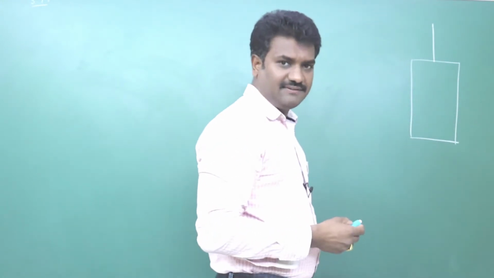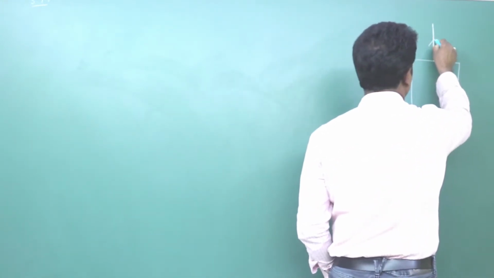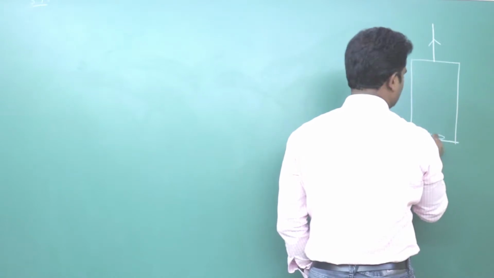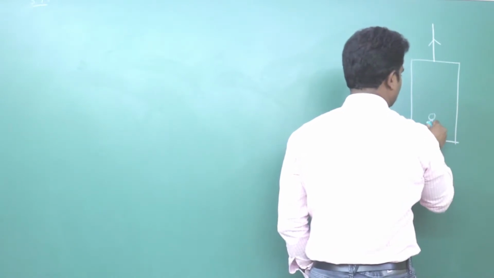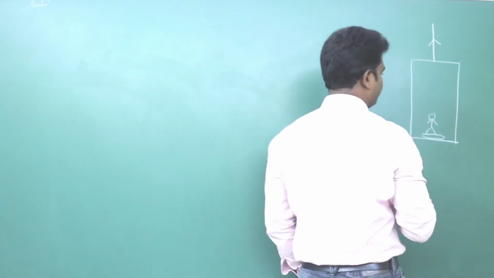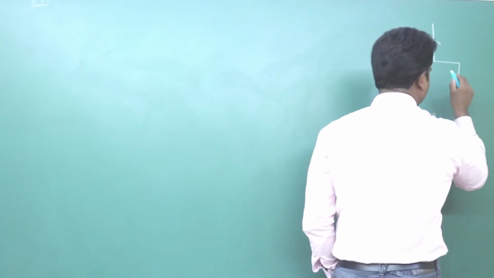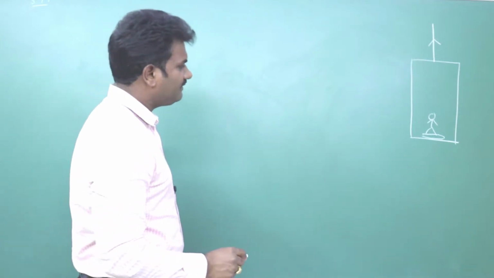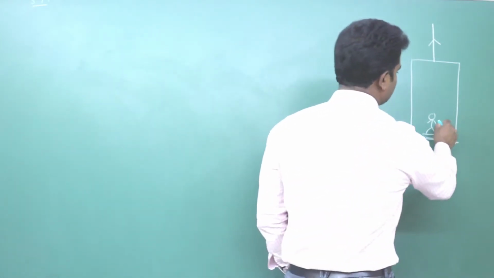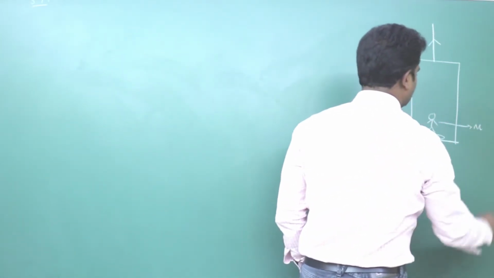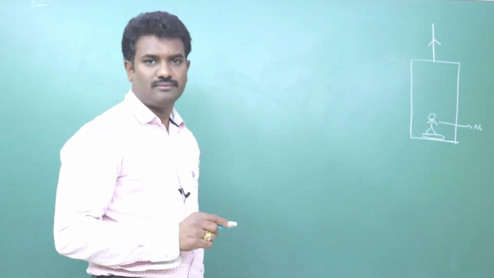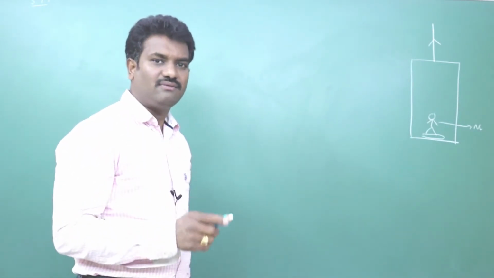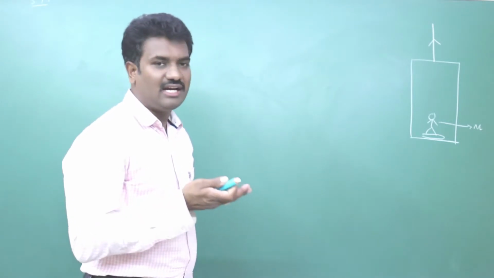See, this is a lift cable, and assume you are standing on a weighing machine. Assume the lift is at rest in the initial condition. When the lift is at rest, if your mass is m, what are the forces acting on you, or on the weighing machine?